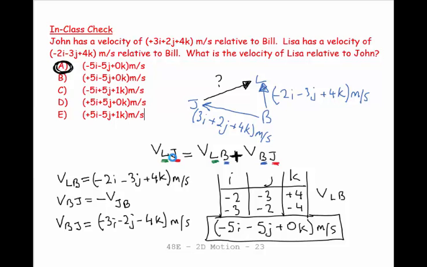If my left-hand side ends with John, my right-hand side must end with John, and Bill is the link in between. I then rearranged the information where needed so that I had the velocity of Lisa relative to Bill and the velocity of Bill relative to John. I then did my math. I just said add them together and I'll get the right answer. And there's my answer. So there we have it.